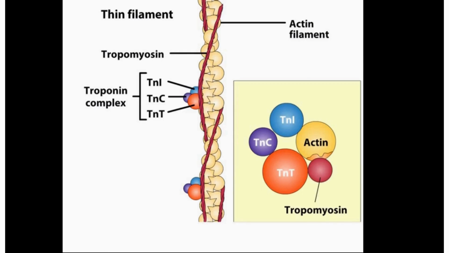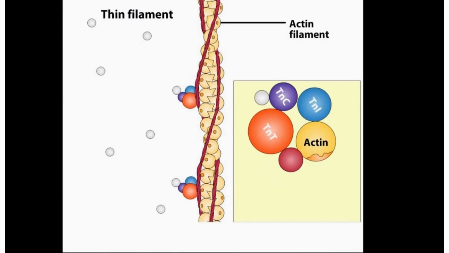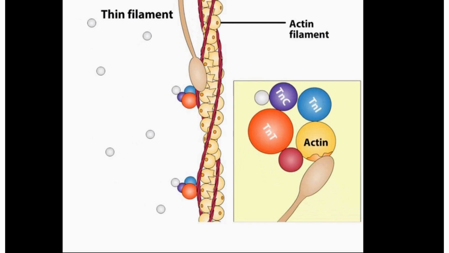A nerve impulse triggers skeletal muscle cells to release calcium ions into the cytoplasm, an event that initiates muscle contraction. Calcium ions bind to troponin C polypeptides, which shift the position of the troponin-tropomyosin on the actin filament, allowing the myosin head to bind and begin muscle contraction.